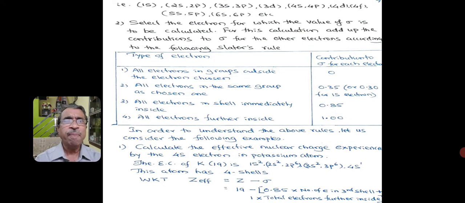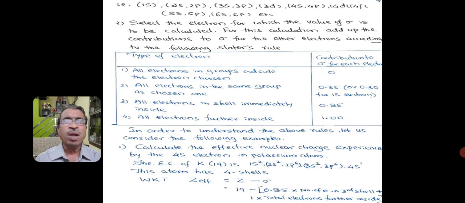The first rule: all electrons in groups outside the chosen electron contribute 0. For example, the electronic configuration of sodium is 1s2, 2s2, 2p6, 3s1.